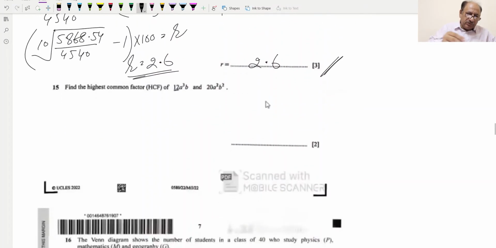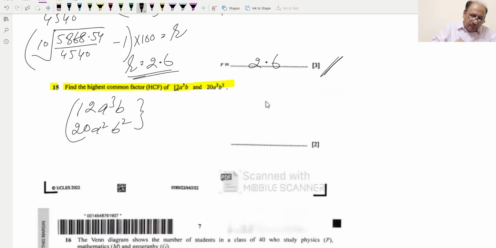Question number 15, it says find the highest common factor, HCF, of this one. So the two terms are what? The given terms are 12a cubed b, and the second one is 20a square b square. So what will be common in both? This is what we need to check.